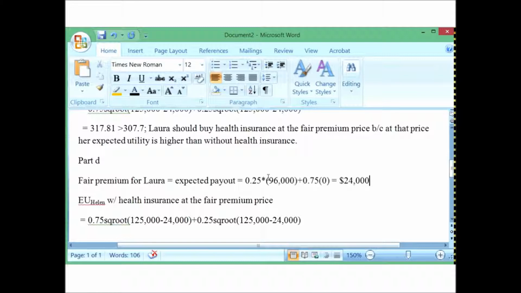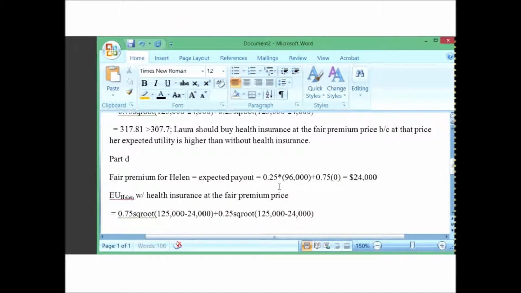In practice, I don't think the outcomes need to be so extreme. Maybe for a checkup she would just have to pay $100, and the insurance would still have some value to her. So here the premium for Helen is equal to the expected payout.